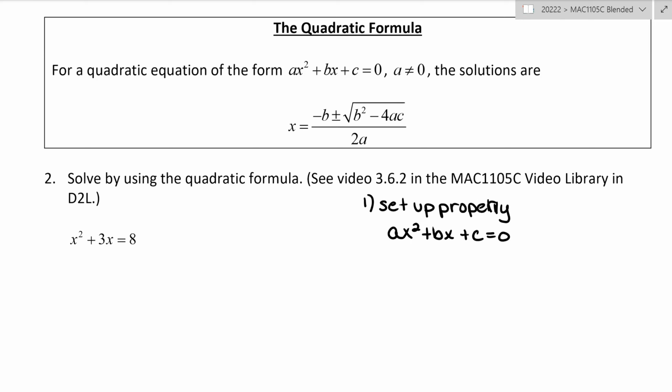So specifically 0 on the one side, and on the other side you want descending powers like a normal quadratic polynomial. So I need to set this up properly just by subtracting 8. So I have x squared plus 3x minus 8 equals 0. So now I've set it up properly. That's cool. Let's write it down.